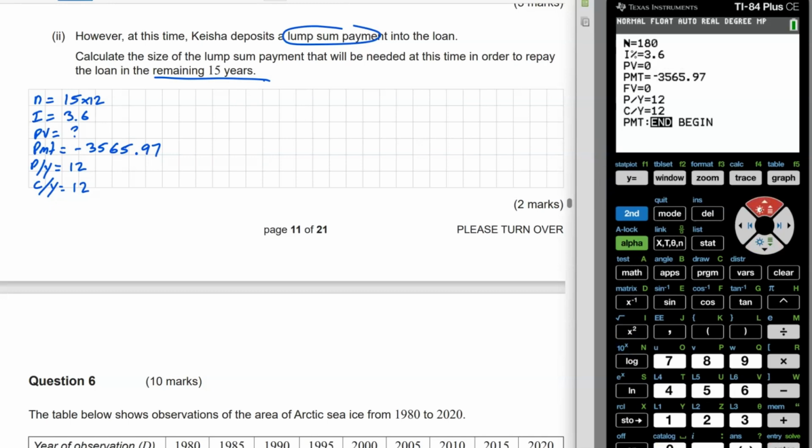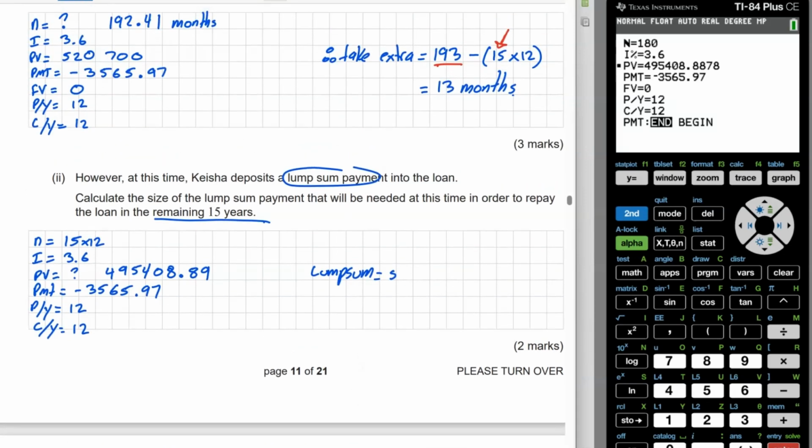Okay, so we're only really just solving for PV. And we're going to write down that that's now 495408.89, which given that means that our lump sum is equal to, let me just get that, oh, you can't see it. Oh yes, you can. So it's 520,700 minus this amount that we've got here. So minus the 495408.89.